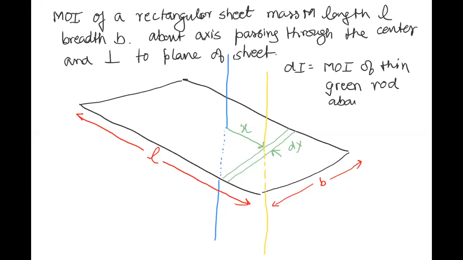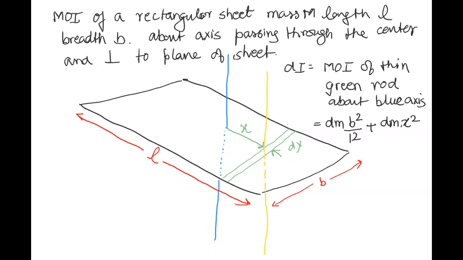So about u axis will be equal to dm into length square by 12 plus dm into x square. What have I done?